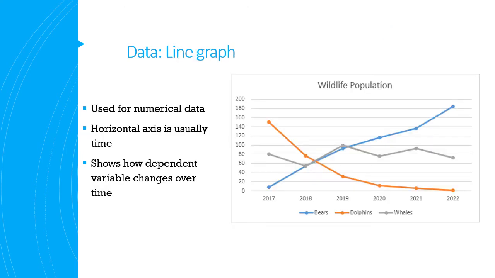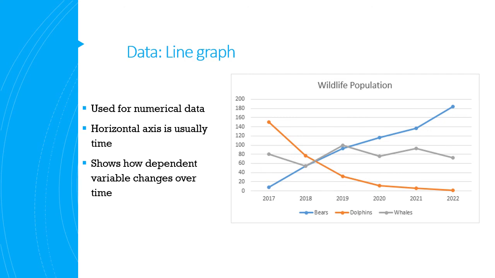And the last graph is the line graph. It's also used for numerical data. It's a little bit different from a scatter plot in that instead of just having a bunch of separate points, we now connect these points with lines. In scatter plots, the horizontal axis could really measure anything, and the same is true for line graphs.